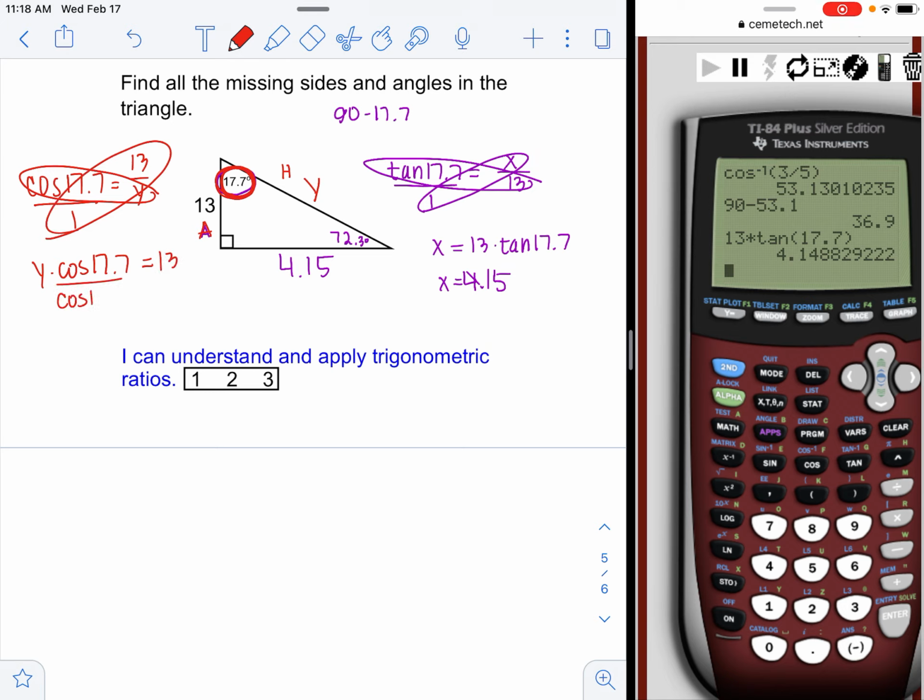Y times the cosine of 17.7 is equal to 13. Divide by cosine of 17.7. 13 divided by cosine of 17.7 is 13.65. So y is 13.65. And there you go.